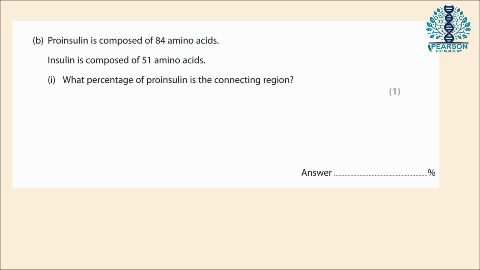The next part is a small calculation. The question states that proinsulin is composed of 84 amino acids and insulin is composed of 51 amino acids. And you have to find out what percentage of proinsulin is the connecting region. So we will do this question step by step.